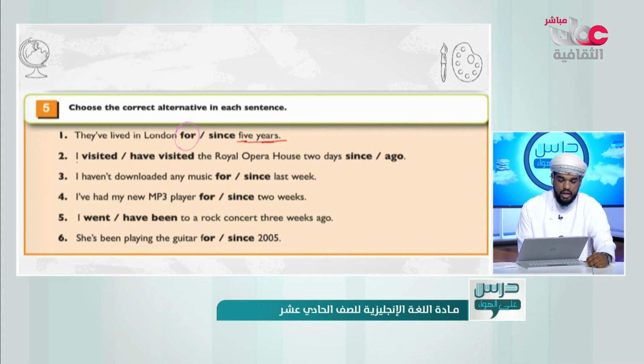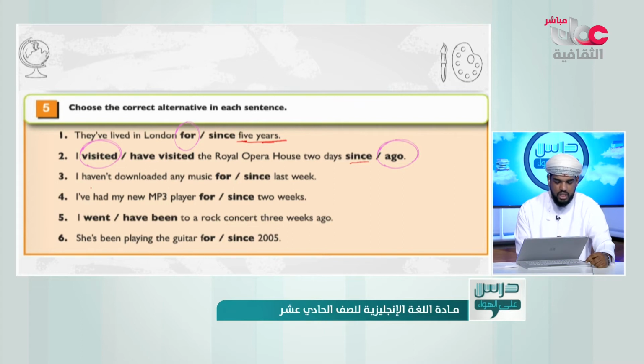Number 2, I visited or have visited the Royal Opera House 2 days ago. With 2 days, it cannot be since, and in the last sentence you will choose ago. And ago is a sign of past simple. So the answer will be I visited the Royal Opera House 2 days ago. The action is done, khalas.